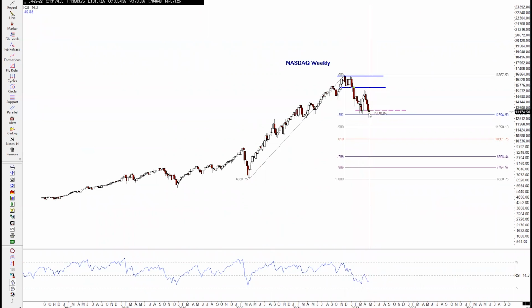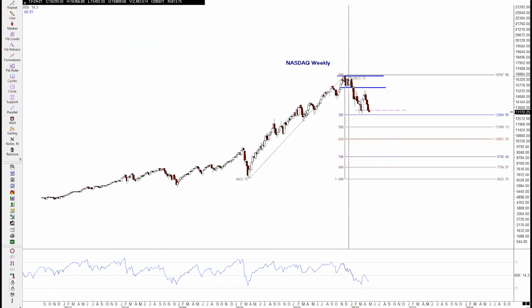Now, the Nasdaq is close to breaking. You can see the opens and closes I had marked in here. Right now today, we're back down below that area, a break of this area and the 0.50 retracement. Maybe the next level of support for the Nasdaq, depending on the strength of a move to the downside, possibly 618 as well.